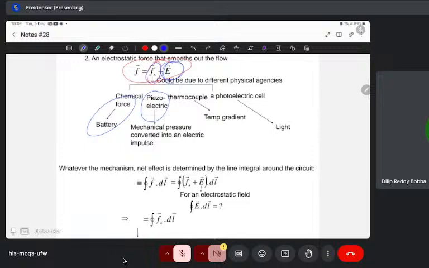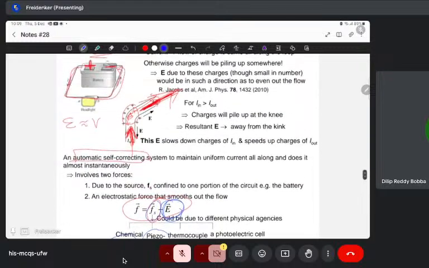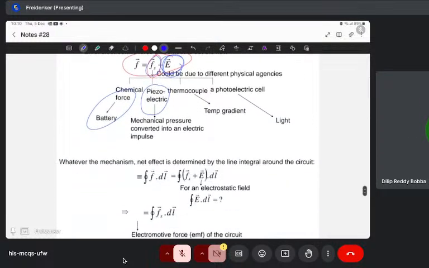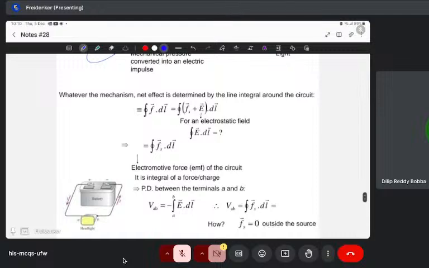And this extra E is the electric field generated due to the piling up of charges. So that is that E. Now they're trying to see what this F bar dot dl bar is going to give. This F bar is basically the net force per unit charge.